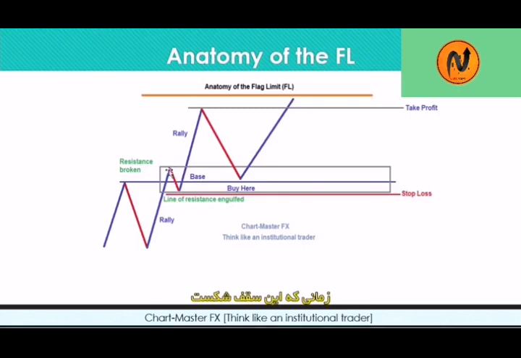Once this high is broken, then you see that the market will have made what we call a rally base rally. Before that rally base rally is formed, the price must do a drop, a rally base drop.